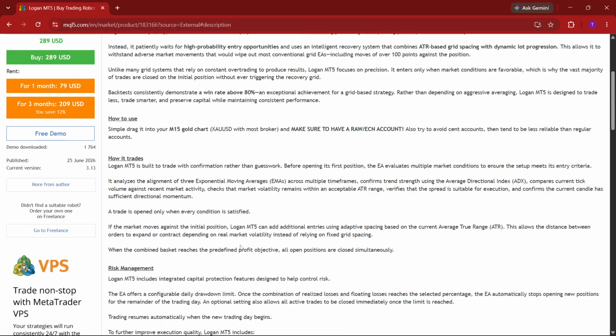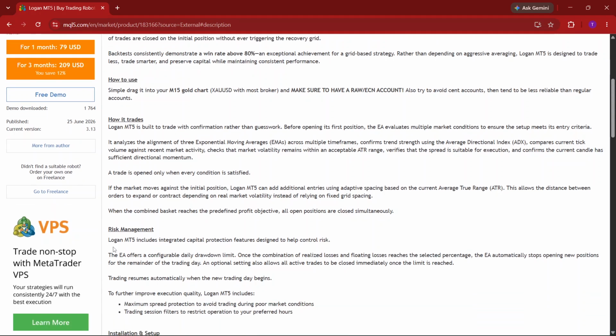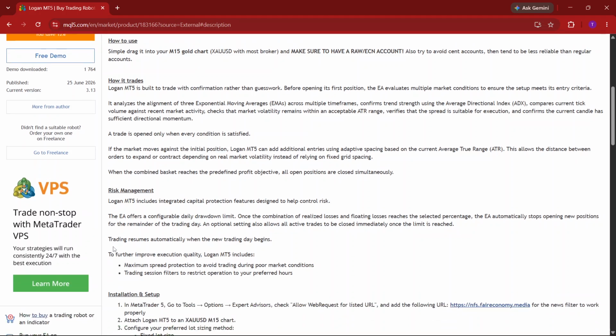The developer claims this setup can handle adverse moves of over 100 points without the account getting wiped the way classic grids often do. He also states that the vast majority of trades close on the initial position and never even need the recovery grid at all. Now, the basket closes when the combined positions hit a predefined profit target.